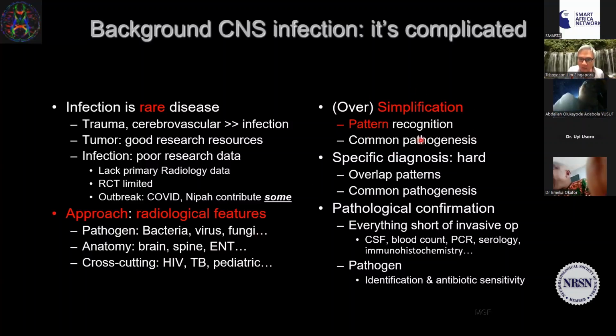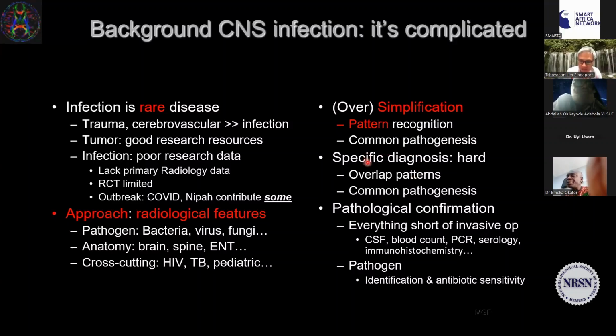What I will be presenting will be a simplified pattern recognition of some different organisms. And sometimes you will also realize that there is common pathogenesis that MRI is very helpful in distinguishing. For instance, bleeding, microhemorrhages, and restriction in diffusion in pus, wherever pus may be found.